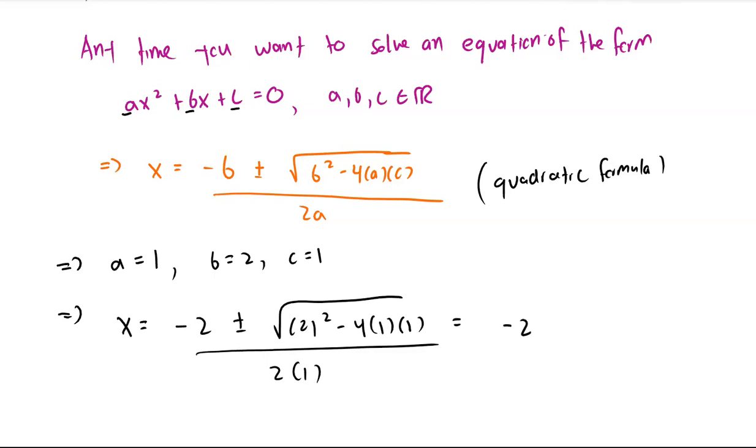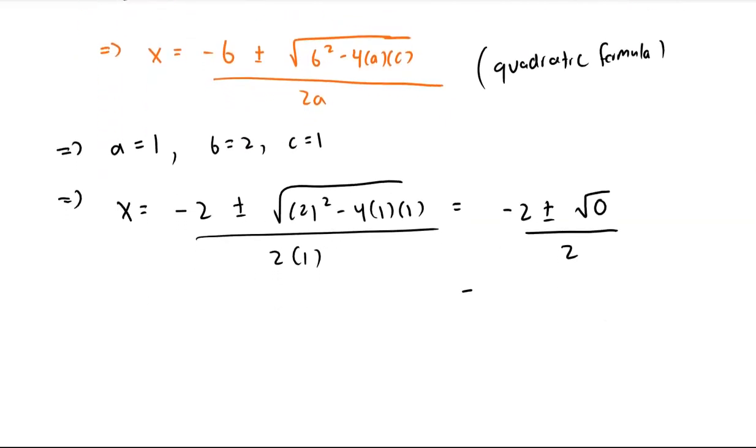Simplify this. So simplify the inside of the square root. We have 2 squared, which is 4, minus 4 times 1 times 1, which is 4. So we have 4 minus 4, that's the square root of 0, all divided by 2 times 1, which is 2. And if you remember from previous videos, the square root of 0 is always equal to 0.